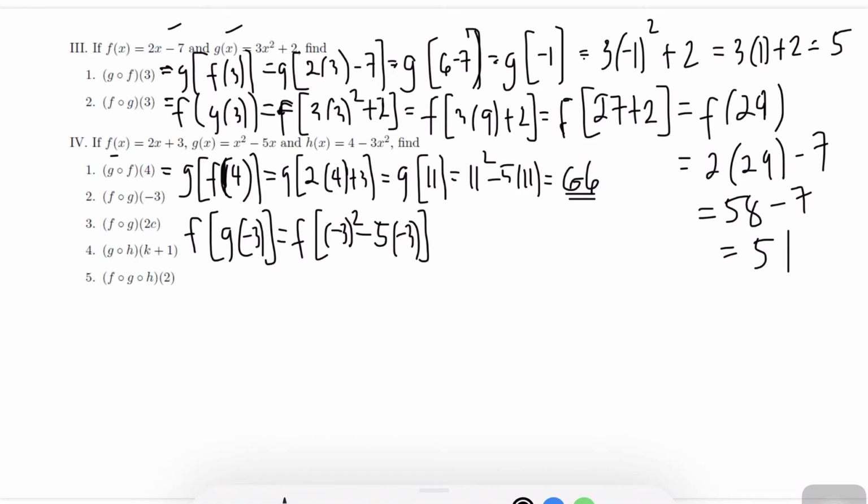This is 24. With negative 3, this is 9 plus 15. So f of 24. F is 2x plus 3. 2 times 24 plus 3. 48 plus 3 is again 51.